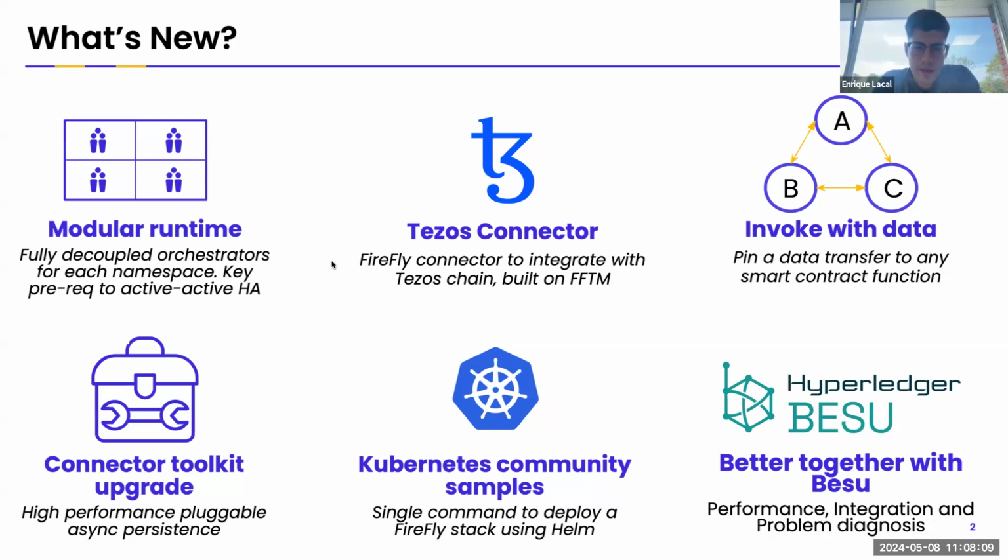We've also made significant enhancements to the Kubernetes community samples that are based on Helm. Nico put together and updated those Helm charts for the release. He made it a lot simpler to deploy the FireFly stack and also the dependencies that go with that stack, such as different blockchain nodes, IPFS nodes, and the other plugins.